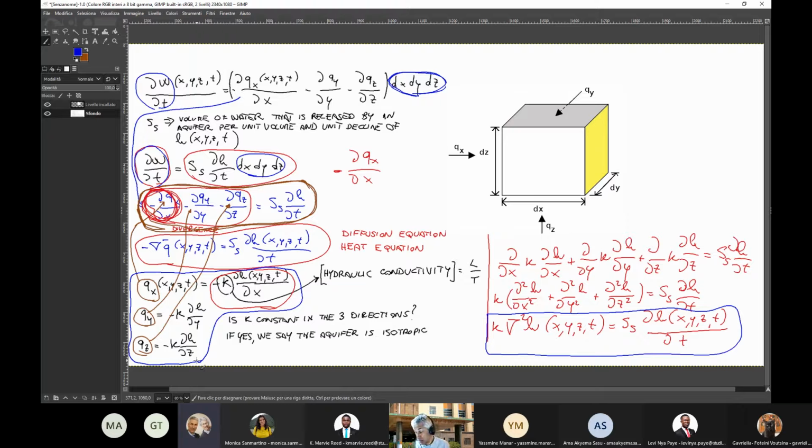And I also need to know the geometry of the aquifer, because of course the geometry determines the solution, because the integration of this equation is performed over a spatial domain, and the spatial domain is given by the geometry of the aquifer. I need to know the thickness, the areal extension, several things.